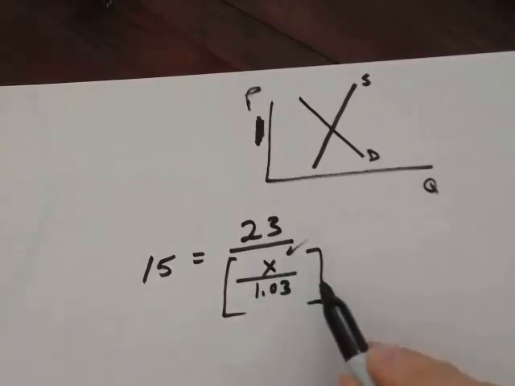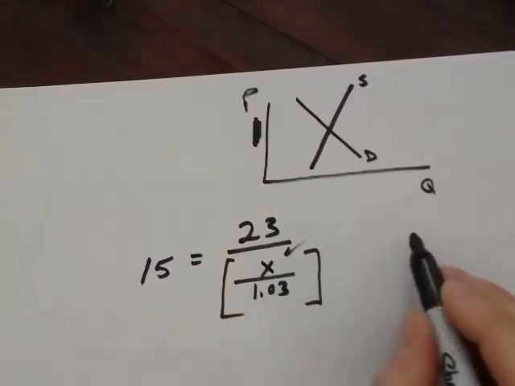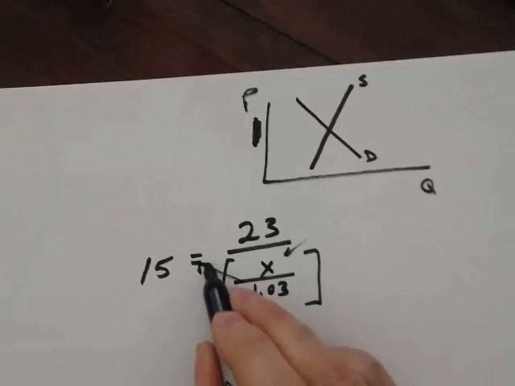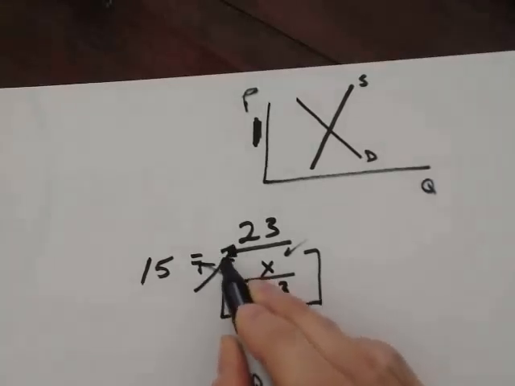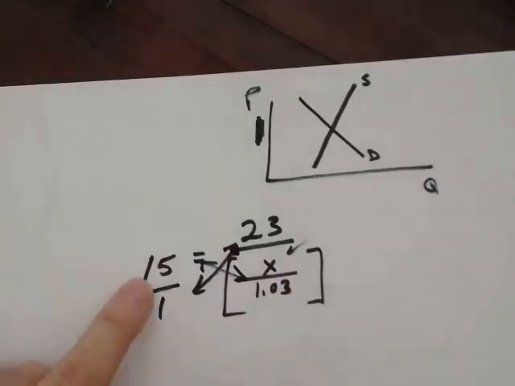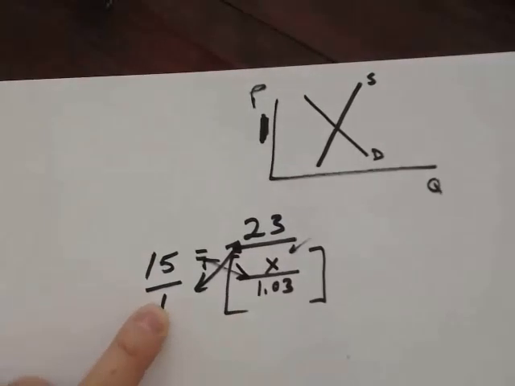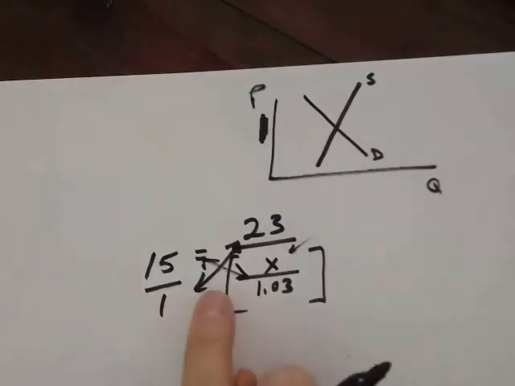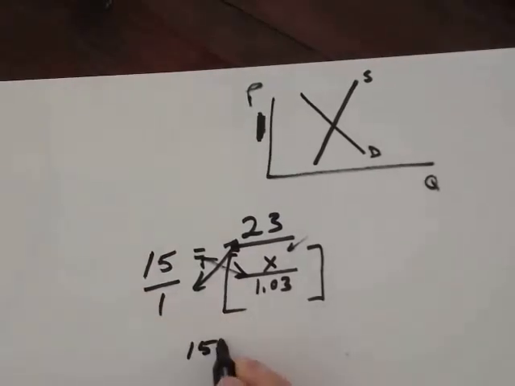So if we solve this, you can cross multiply. Remember, cross multiply and set them equal. You're dividing by 1 here, so this is just basic algebra. Cross multiply, you get 15x divided by 1.03 equals 23.